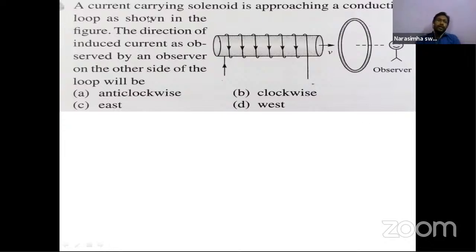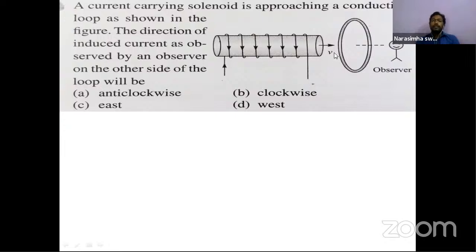So here, observe this diagram: a current carrying solenoid approaching a conducting loop. Now the direction of induced current as observed by an observer on the other side of the loop will be, okay, understood? While this magnetic field is approaching, what happens?